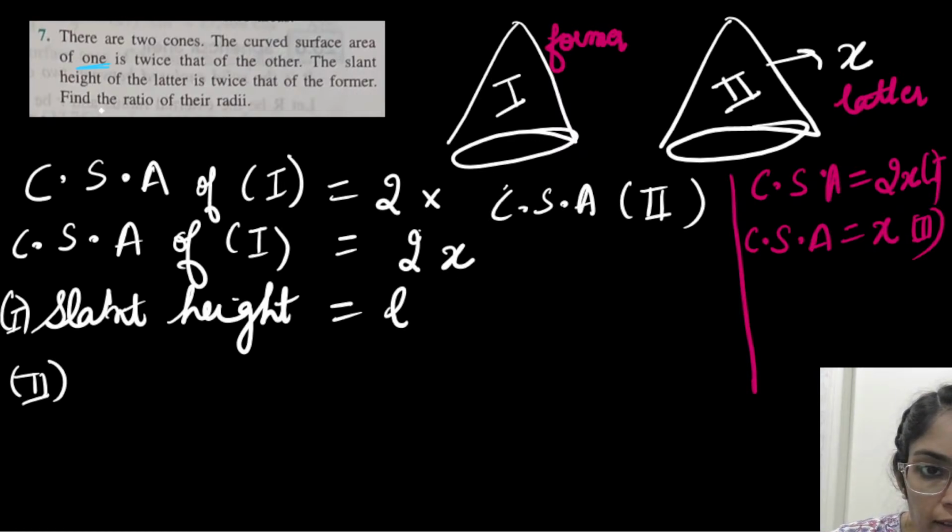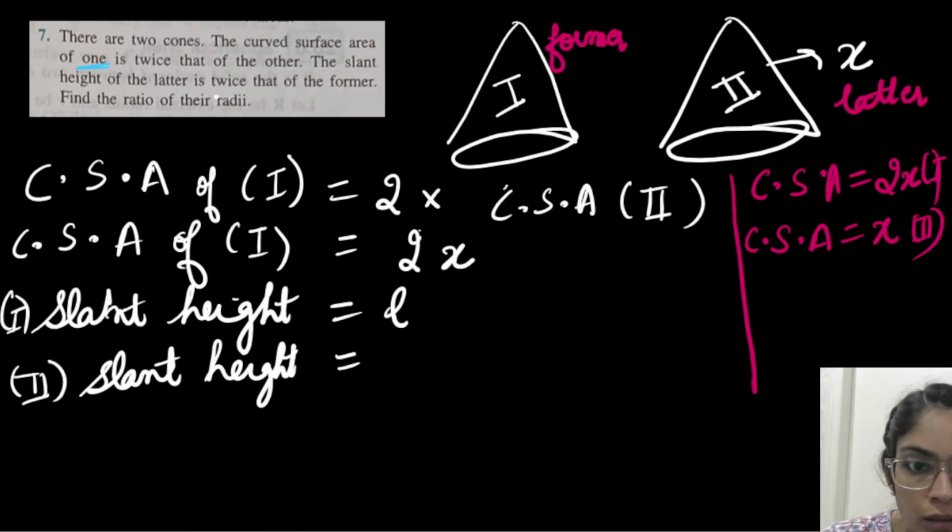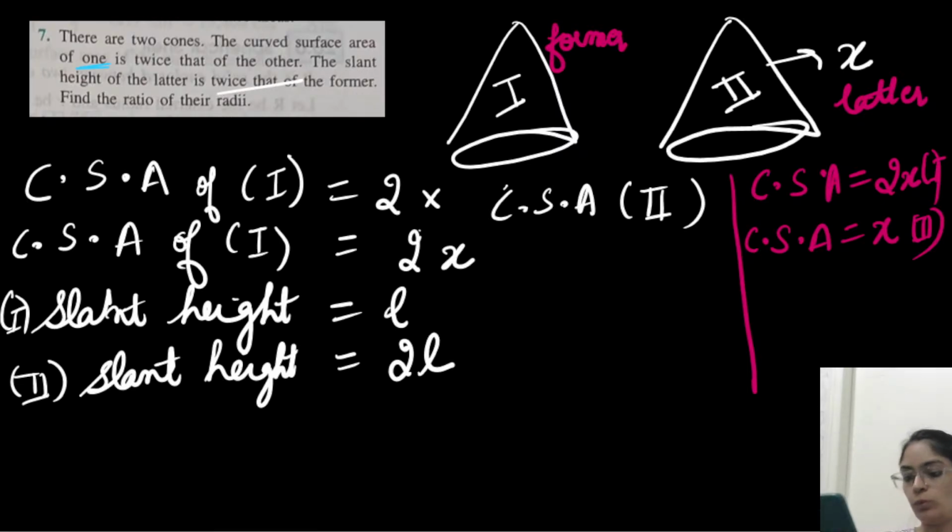They have mentioned the slant height of the latter is twice that of the former. So if first one is L, so second one slant height will be 2 times. So twice they have mentioned, isn't it? Yes, 2L.